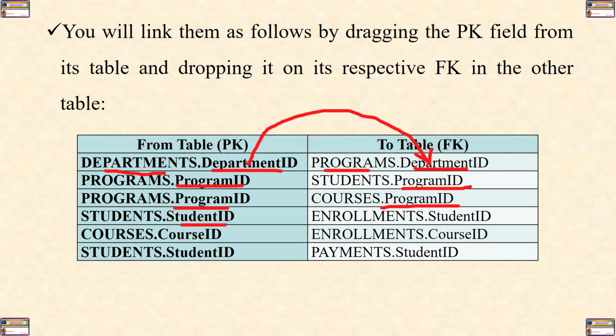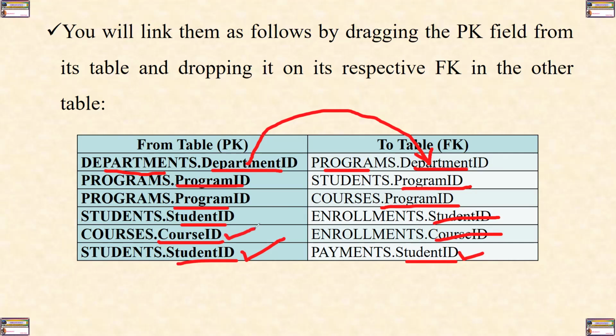So you can see student ID in students, student ID in enrollments, course ID in courses, course ID in enrollments, student ID in students, student ID in payments. Those are the ones that you link. So student ID in this table is primary key, but in this other table, it is foreign key.